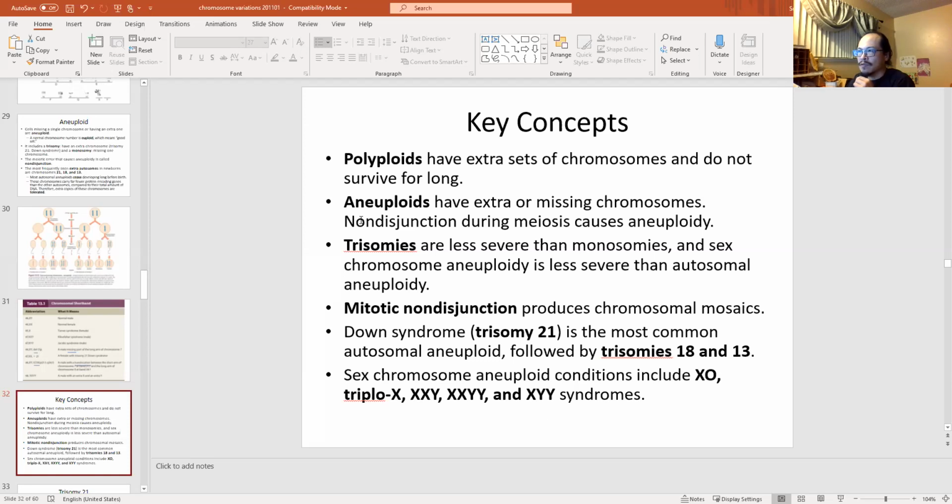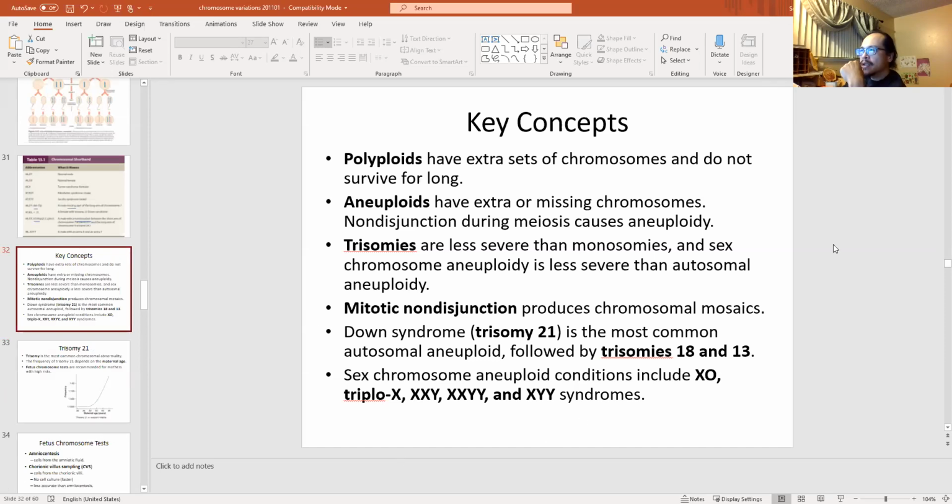So this is part of the aneuploids. And this is one that we actually mentioned at the very beginning of our lecture. And the cause of this aneuploid is due to the mitotic non-disjunction. So that's that. All right.